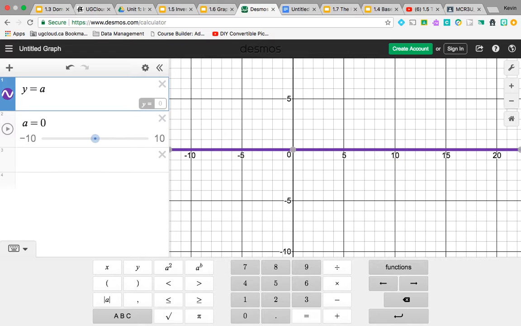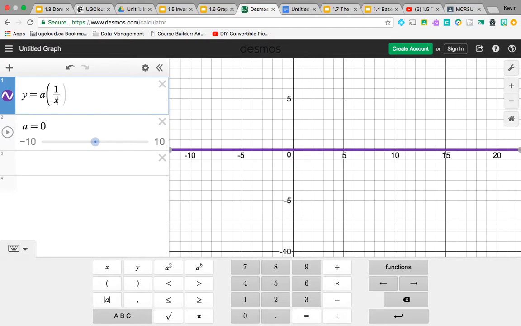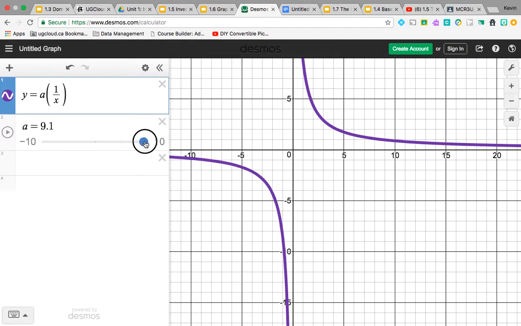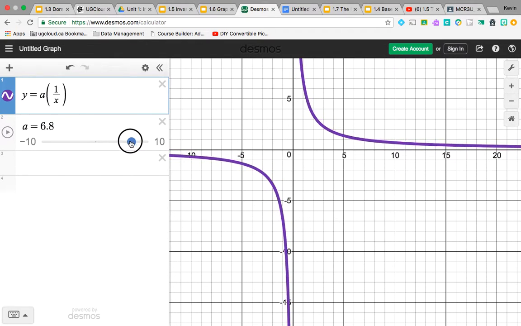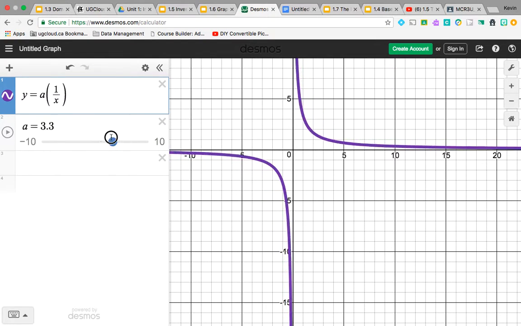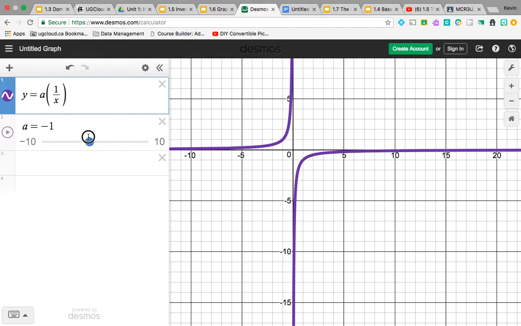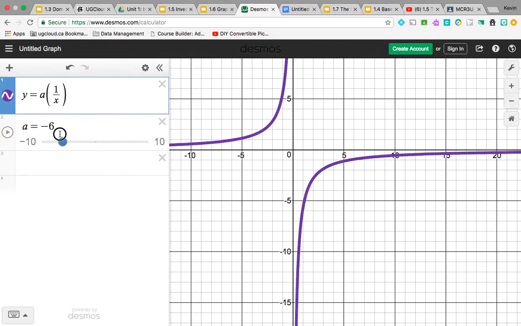But if you had, instead of this, 1 over x, you could see that it's vertically stretching it out. So it's multiplying the y values higher, and then it's compressing the y values down as you get closer to 0. And then when you're negative, you're actually reflecting vertically. And so the negative actually vertically reflects.